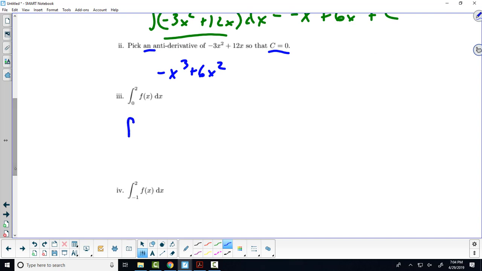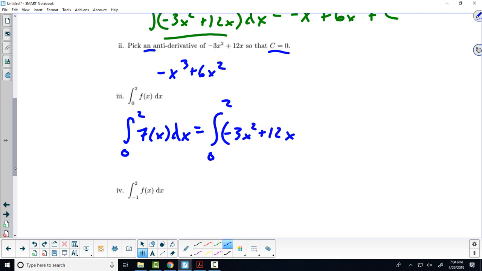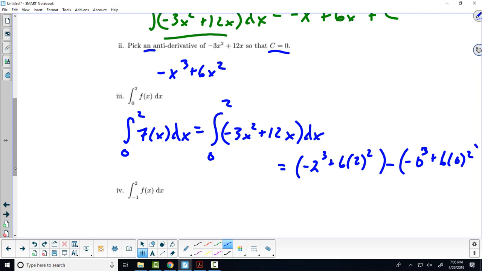Well, if you were the cat's meow and somebody said calculate this, what did we have? Negative 3x squared plus 12x. Don't write this down. If you were the cat's meow, then in one step you could say that's negative 2 cubed plus 6 times 2 squared minus parentheses negative 0 cubed plus 6 times 0 squared.